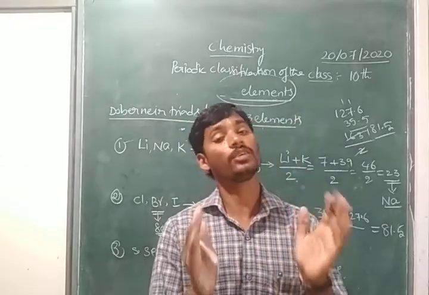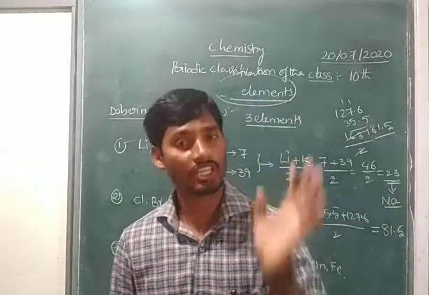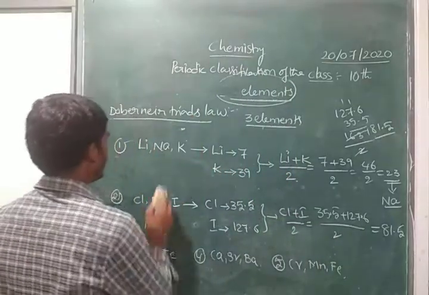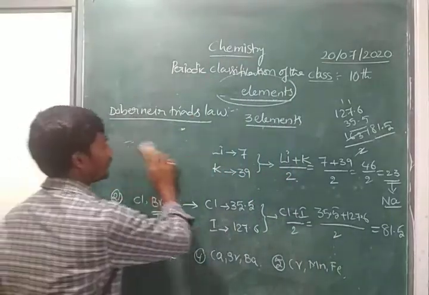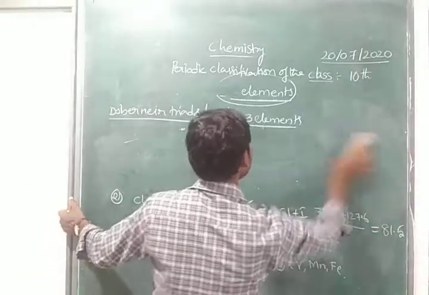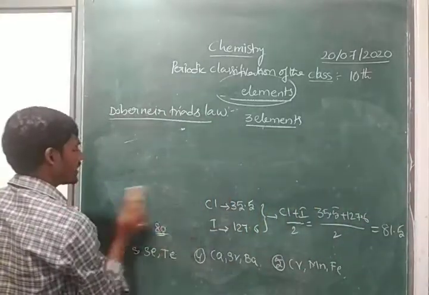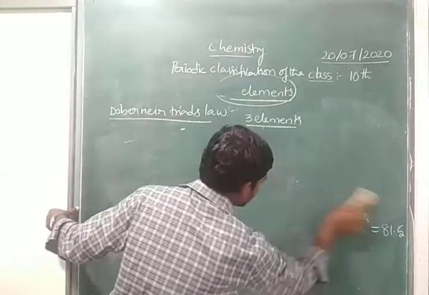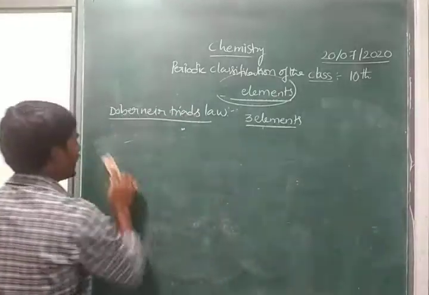So what are the limitations of Dobereiner triads law? At that time, whatever elements we had, Dobereiner does not explain about all those elements.